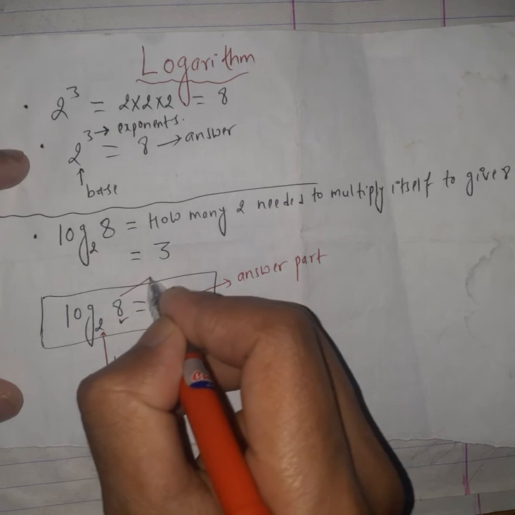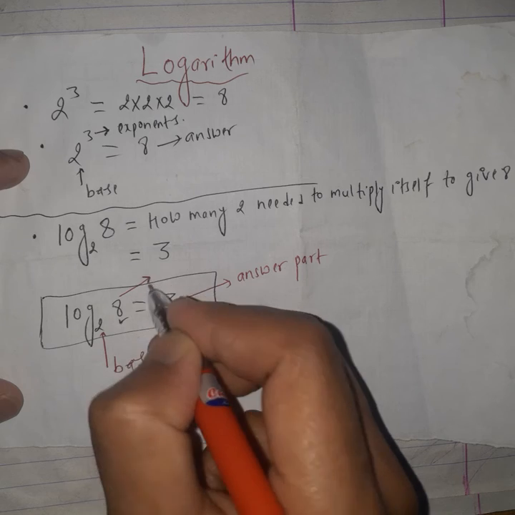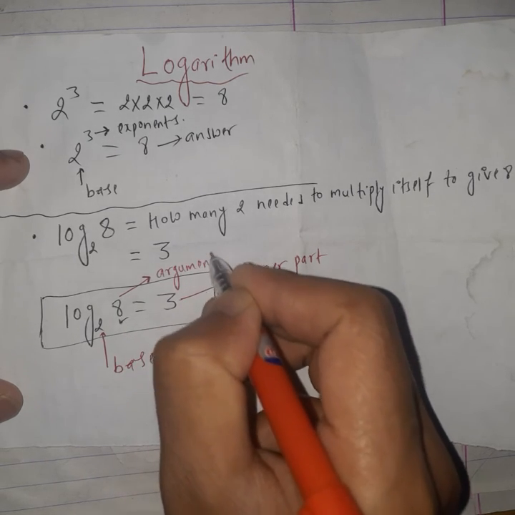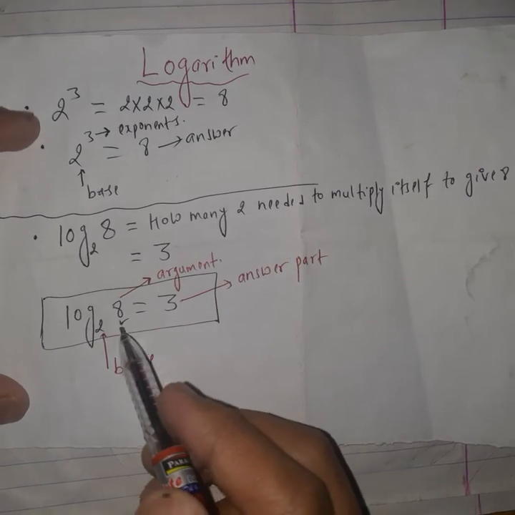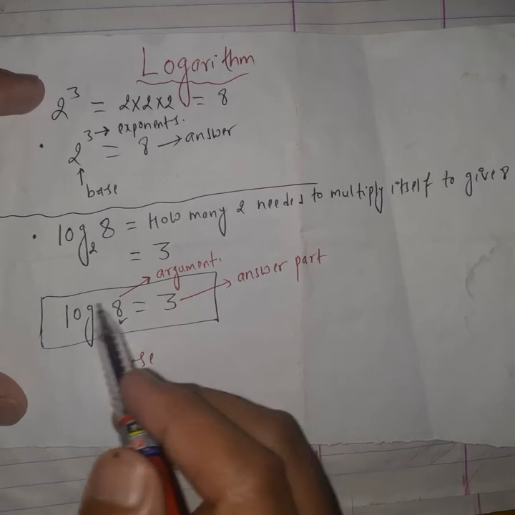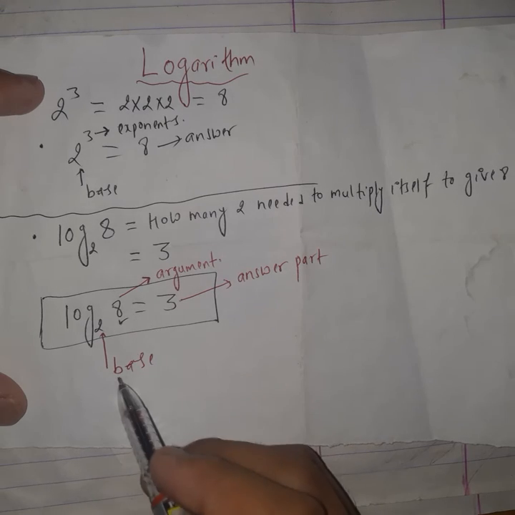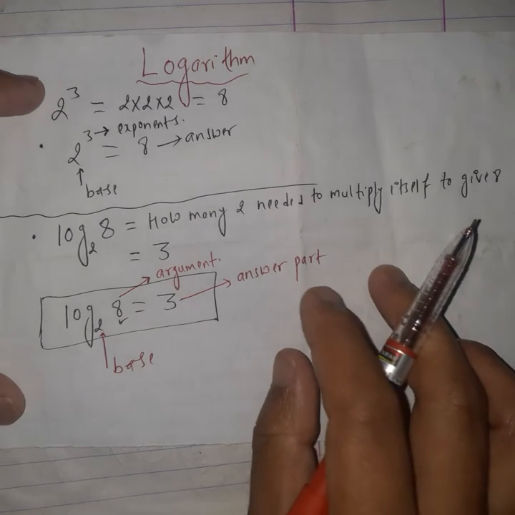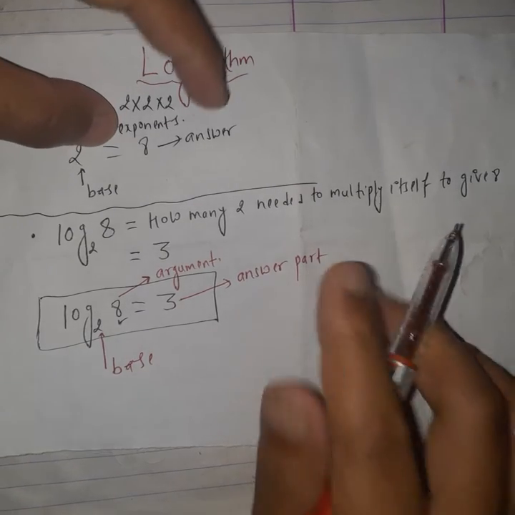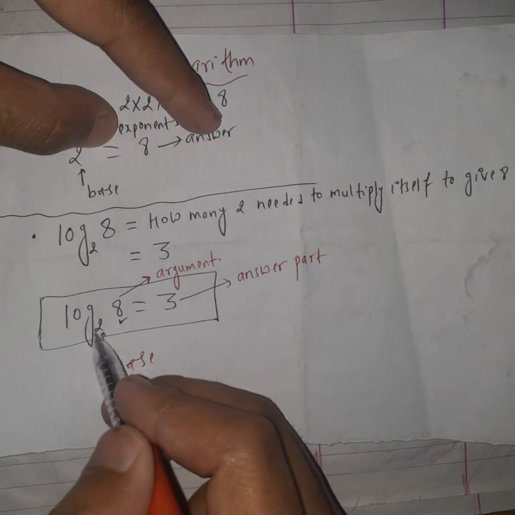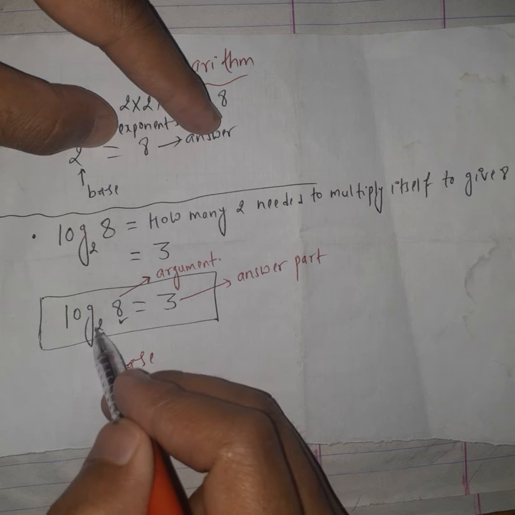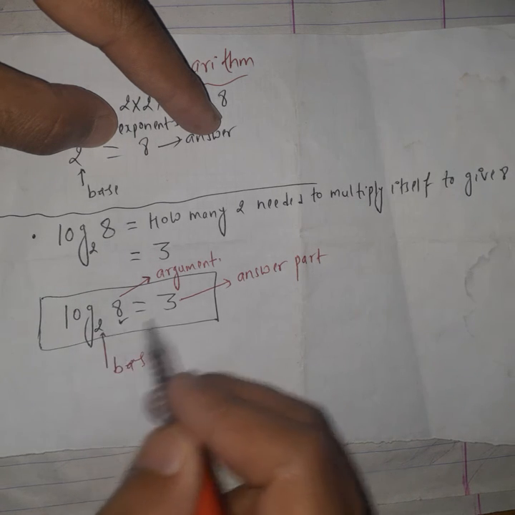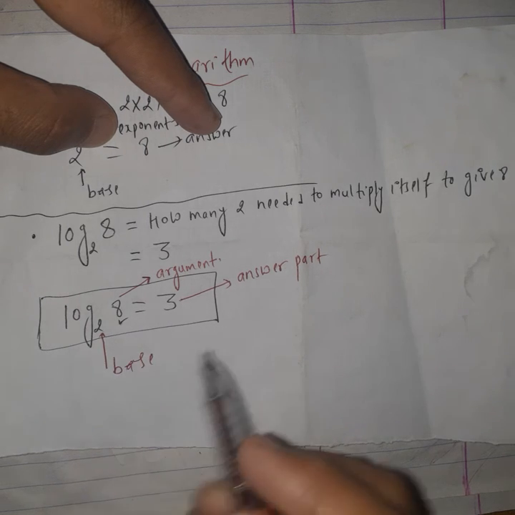And this number is called the argument. Here in the logarithm there are three parts: one is the base, and the others are the argument and the answer. The basic meaning is: what is the power of 2 to make 8, and the power of 2 is 3 to make 8.